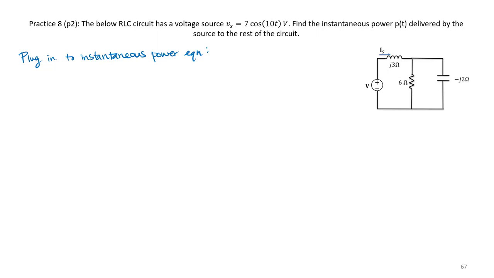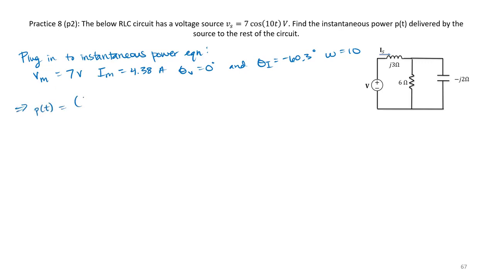And so you'll remember that in this case, we have Vm is 7 volts, Im is 4.38 amperes, theta V was 0 degrees, and theta I was negative 60.3 degrees, and omega was 10. So if we plug in to our toolbox equation, we can go ahead and determine the following.